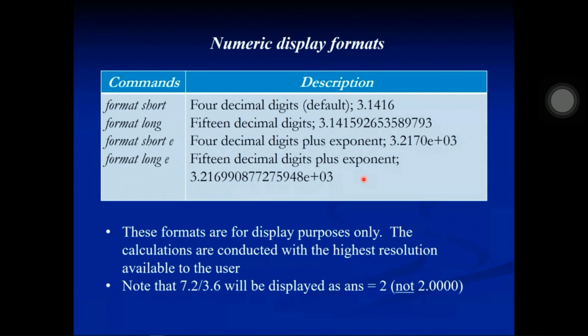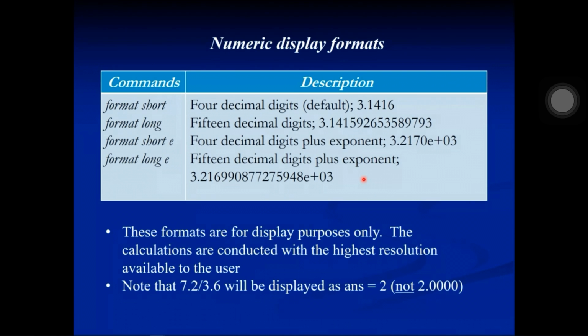And of course, MATLAB will automatically display based on whatever it judges useful. So sometimes, especially when you have small numbers and large numbers at the same time, it may turn into this engineering format automatically. Of course, there will be formats that you can control, that you decide how many digits, how the result should be displayed, and so on.